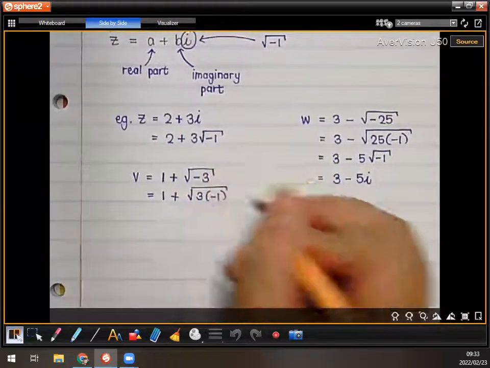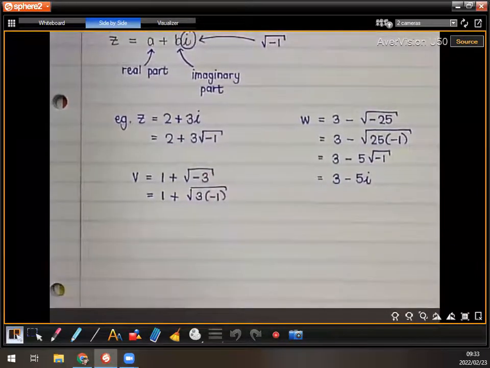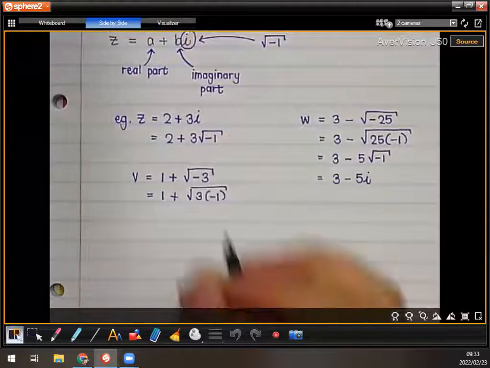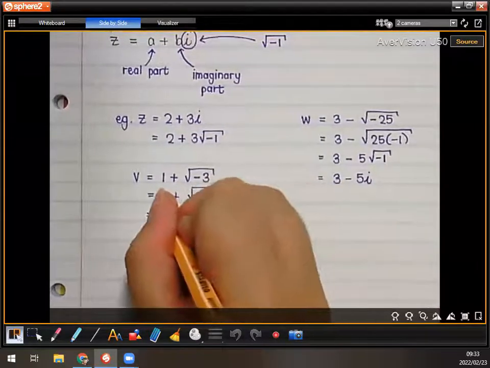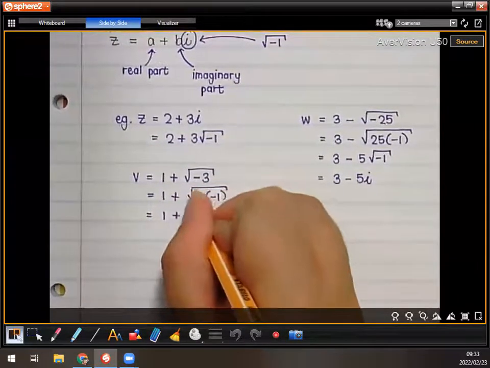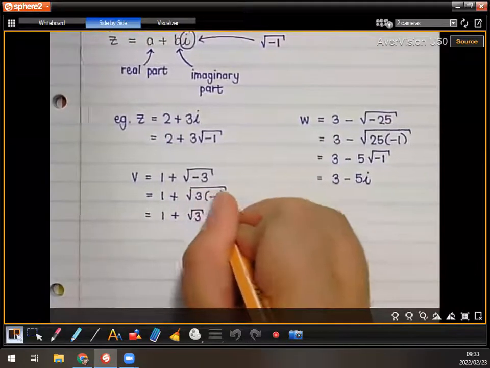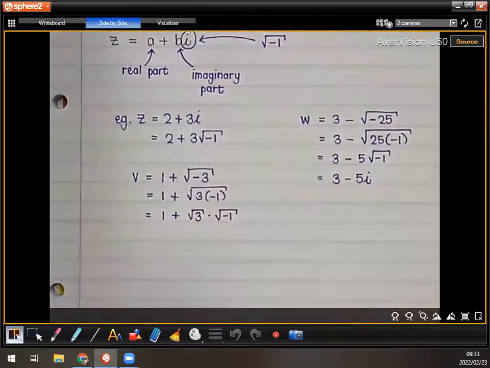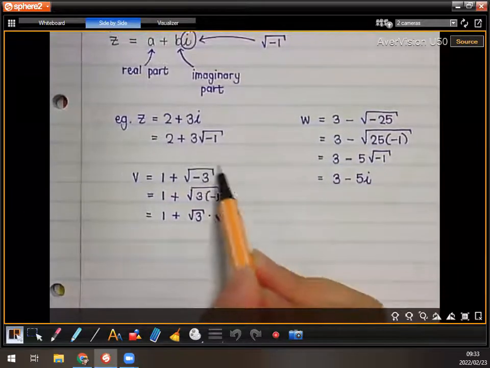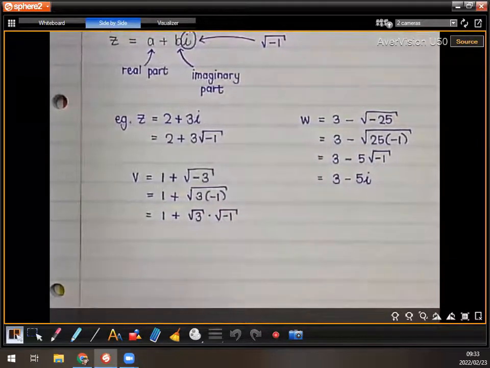So guys, I always have to isolate that negative 1 because the square root of negative 1 is i. Okay, now 3 doesn't have a square root, so we're just going to write it like this: 1 plus, we're basically splitting up that square root. I suppose you don't have to write that as a separate step. Eventually, you'll be able to go from the first line straight to the answer. But I'm just putting it up here.